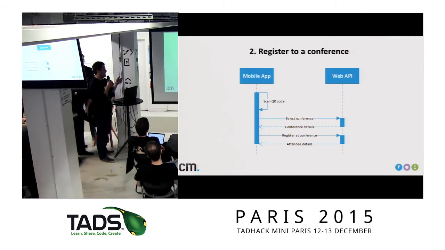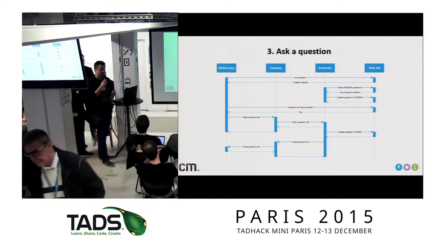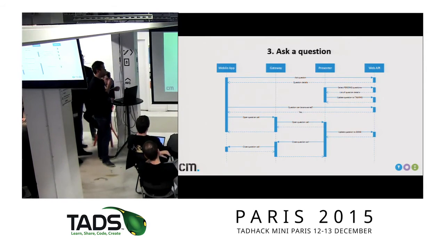Then after that, you are registering yourself at the conference, and you get the attendee details. This is an overwhelming sheet, so I will just go quickly through that. Basically, if you have registered at the conference, you can ask a question. That question is constantly being polled by the presenter app and displayed on the screen.